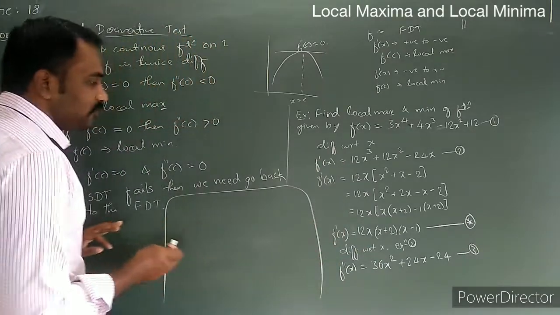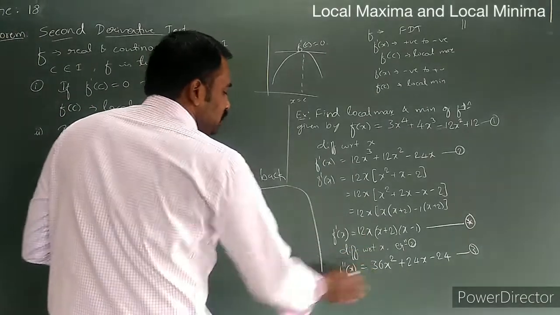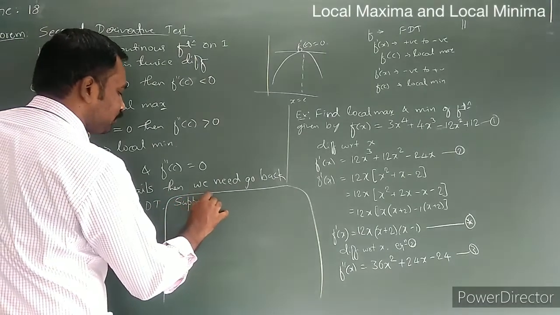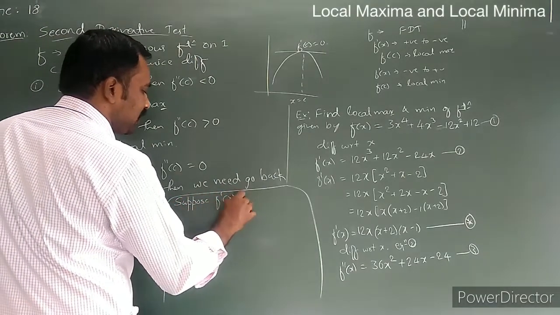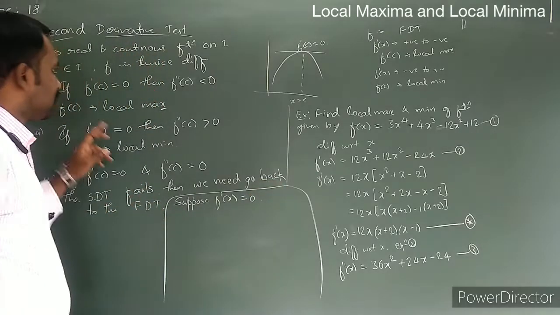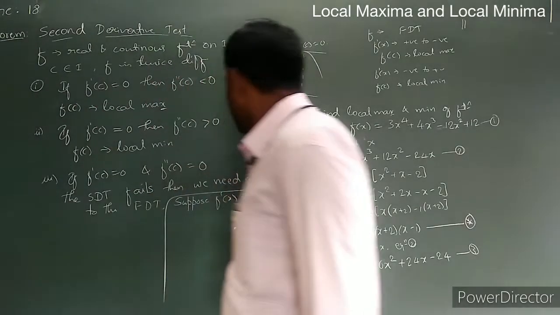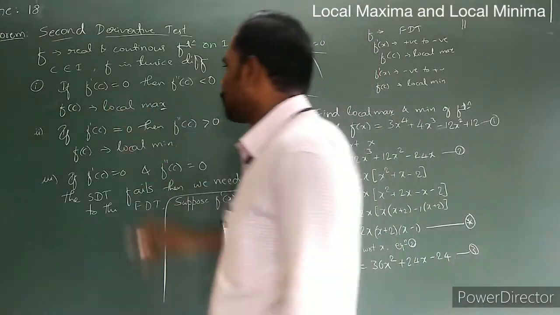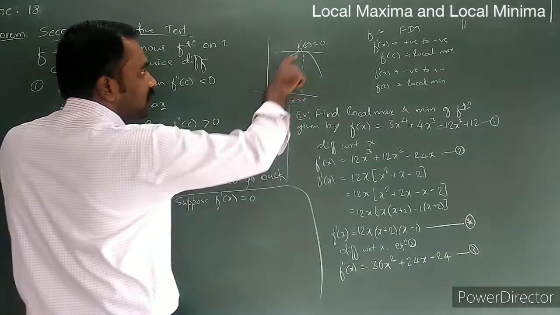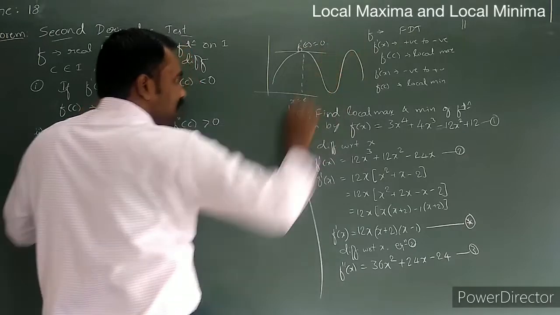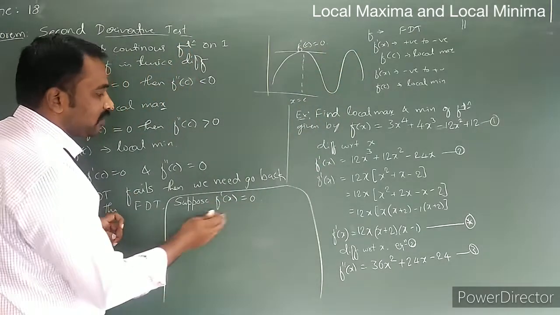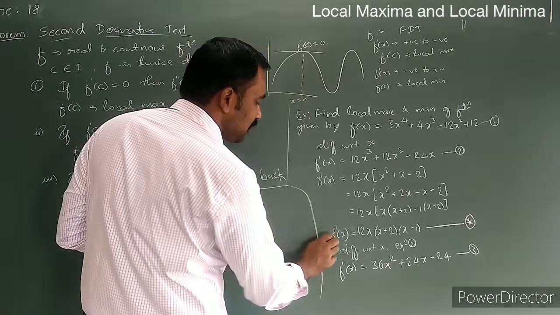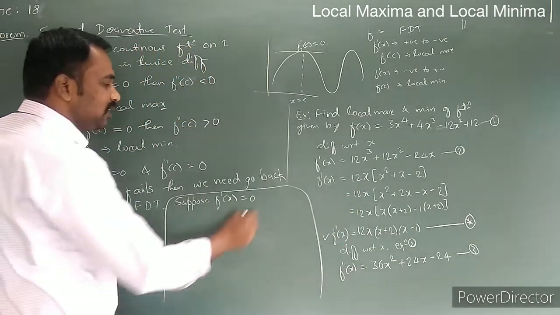Suppose f dash of x is equal to 0, because if f dash of c is equal to 0, that is a critical point where the curve changes its direction, and that value we need to find. Here is my f dash of x, equation number star.